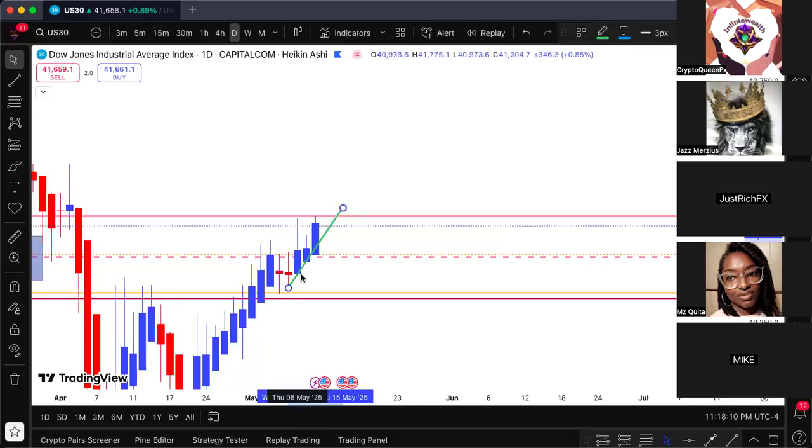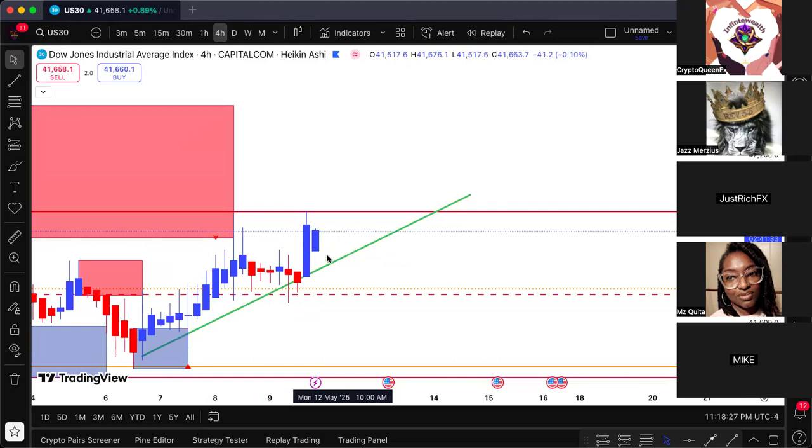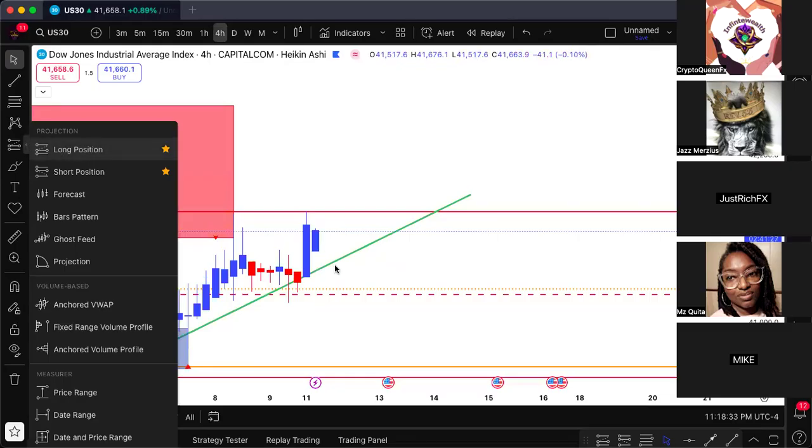You see that? So when you come back to your 4 hour, you can see that's where it was buying from the trend on the 4 hour. When it pulls back towards here, that's where you want to buy.